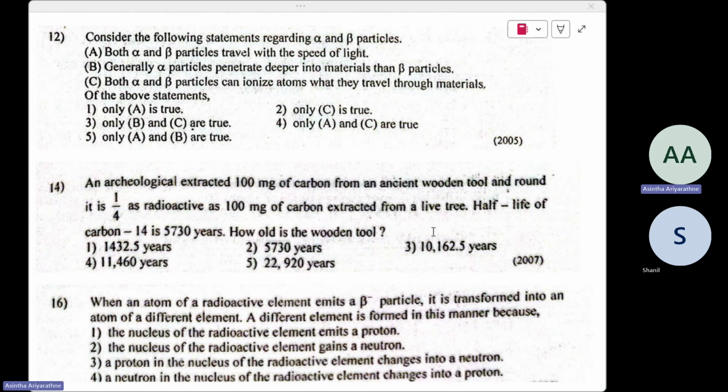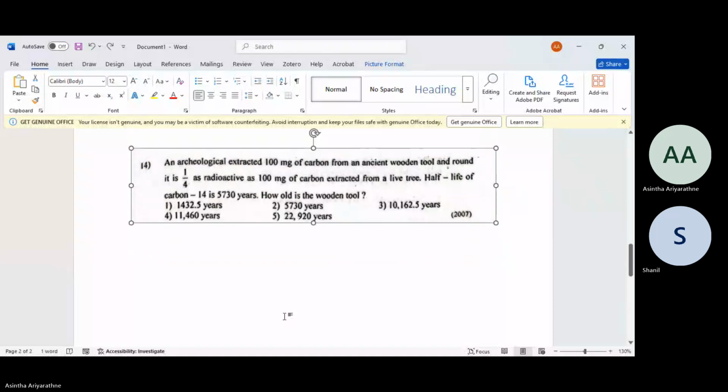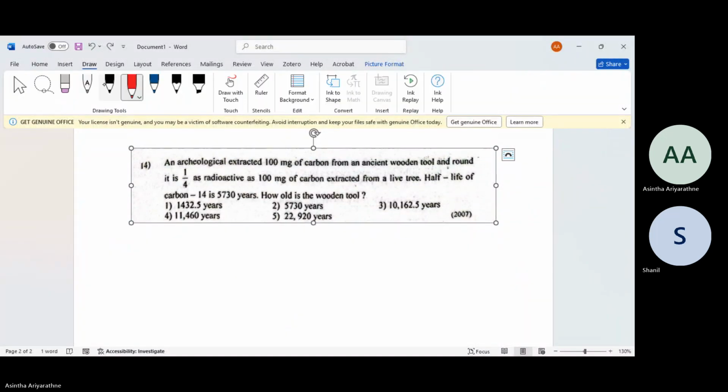So 1/4 radioactive. Right, so the radioactivity has decreased by 1/4.